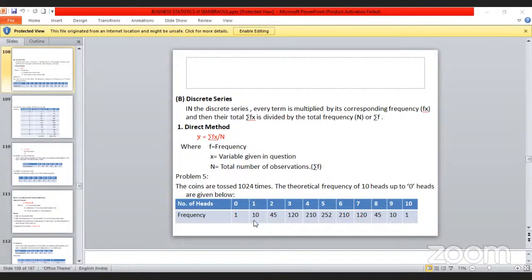For 1 head, it is 10. For 2, it is 45. 3 is 120. 4 is 210. 5, like that it is given. But how many coins are tossed? Coins are tossed 1024 times. That is n. Understood?